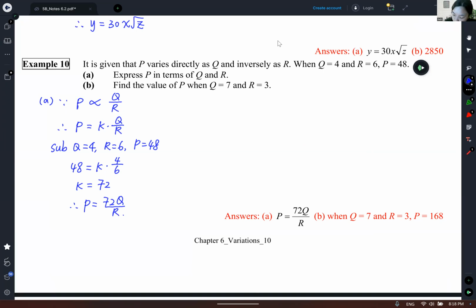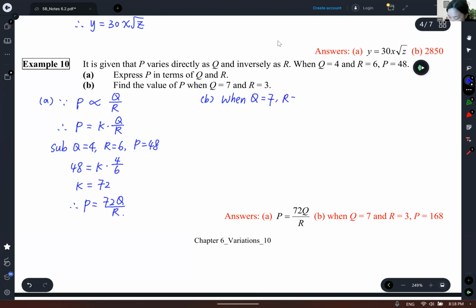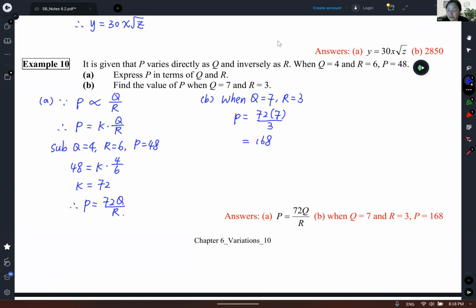Okay, and then part B. When Q equals 7, R equals 3, I think we can find P directly.